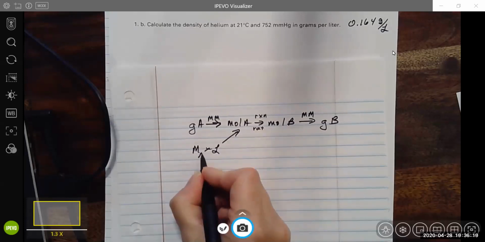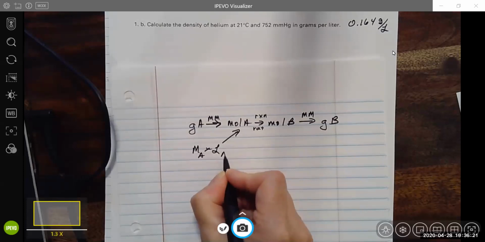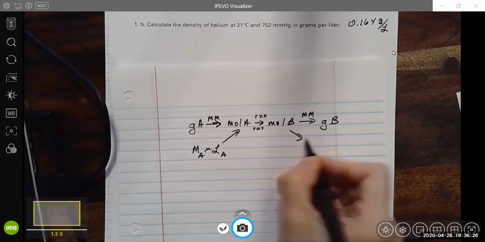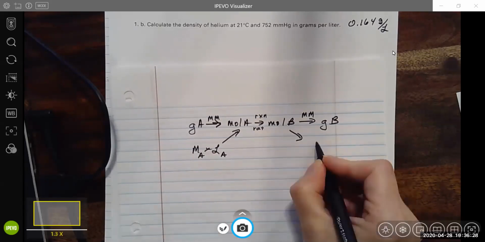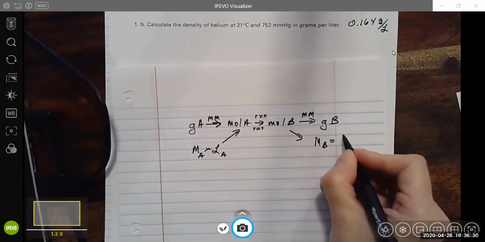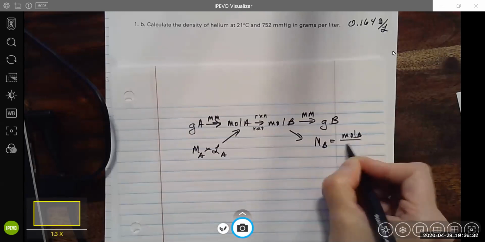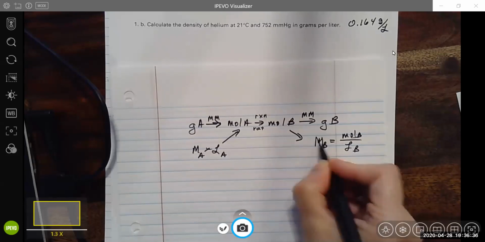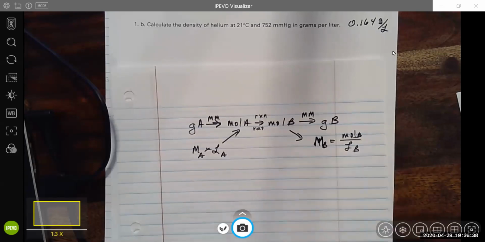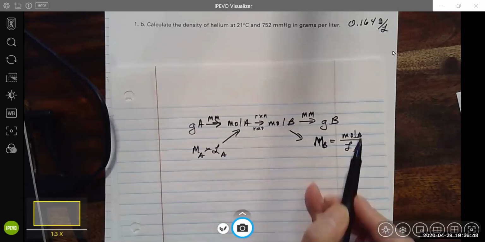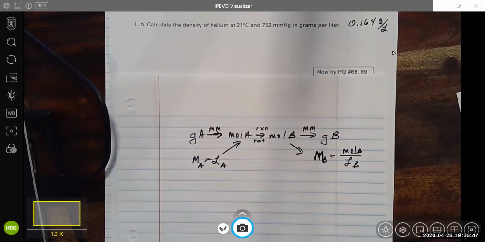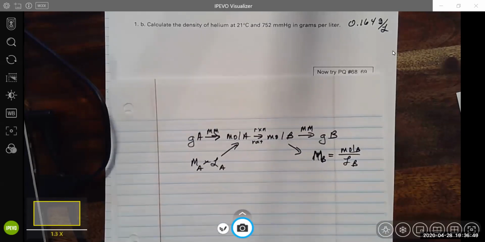So molarity of A solution, liters of solution A. And similarly down here, if we have moles of B, we can calculate the molarity of B, which would be the moles of B, which you just calculated, over the liters of B.